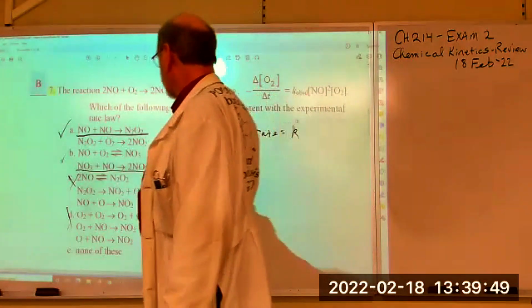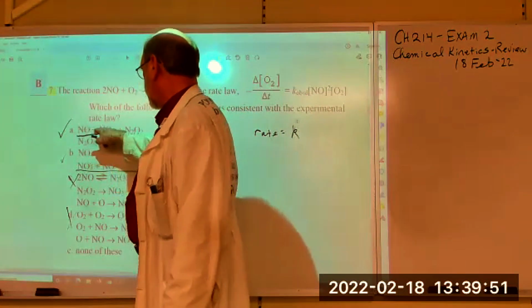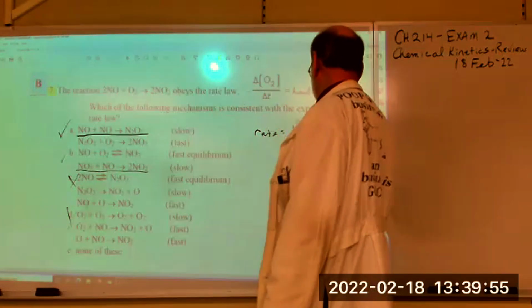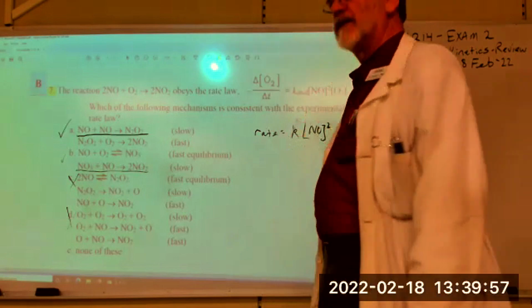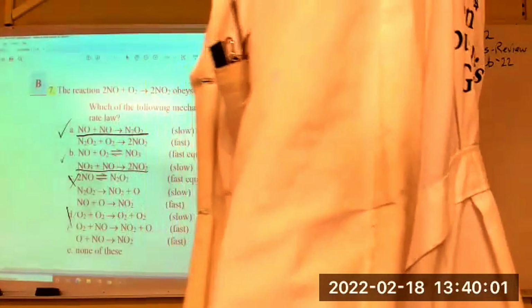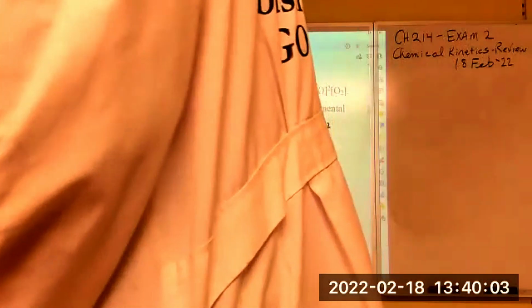So this one, the slow step would be determined by that. And since there are two of them, it has to be squared. So we can use the coefficient. There are two NOs here. We can square it.